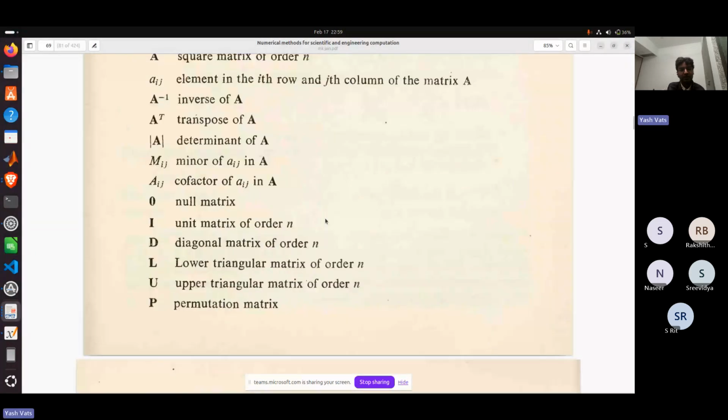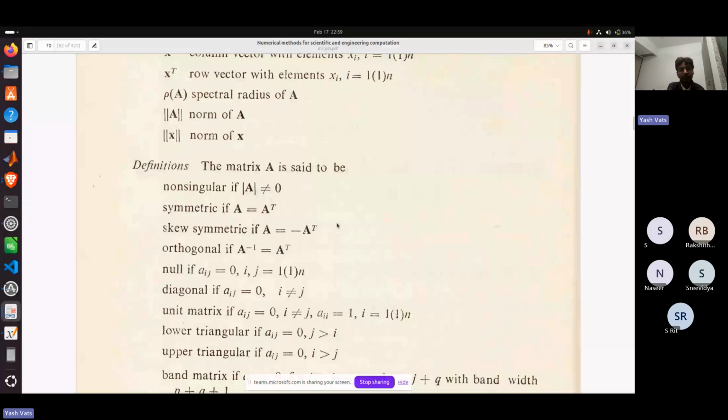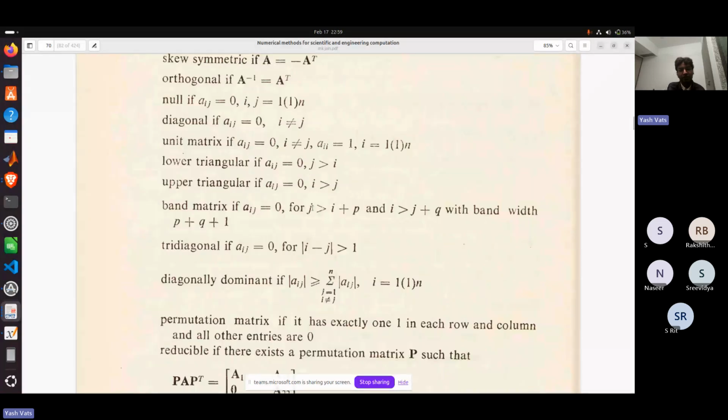After this, one thing I want to note down is diagonally dominant matrices. A matrix is diagonally dominant if the absolute value of the diagonal entry is greater than or equal to the sum of the absolute values of the other entries in the row.